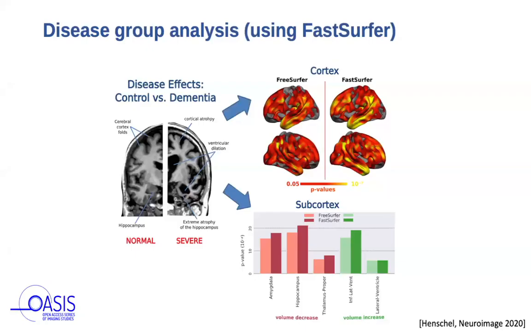But of course, not only there. Here's a work from my colleague Leonie Henschel, who did, as an example here, disease group analysis. This is with the FastSurfer toolbox, so basically the deep learning based version of FreeSurfer, which is running faster, but can also perform these disease effects analyses.